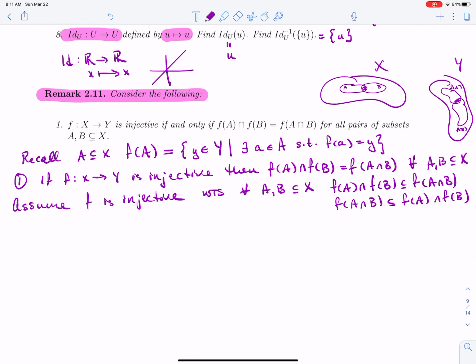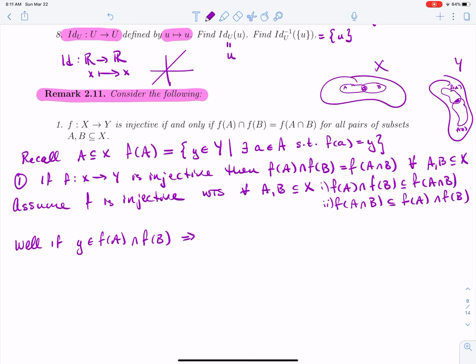We know that it's injective, but we're going to start with the set inclusions. I'll call this I and this II. Well, suppose I have a y sitting inside of f(A) intersect f(B). What does that mean?